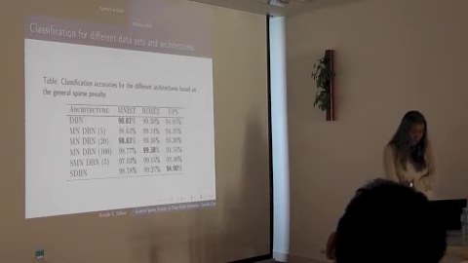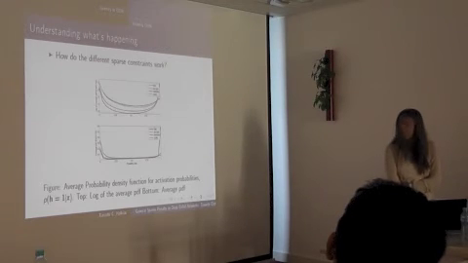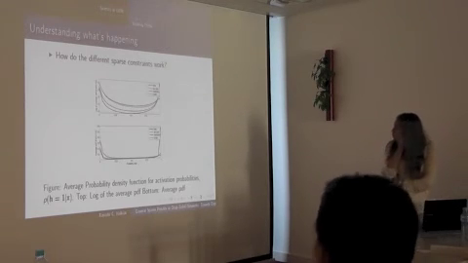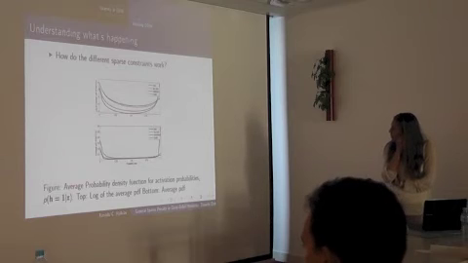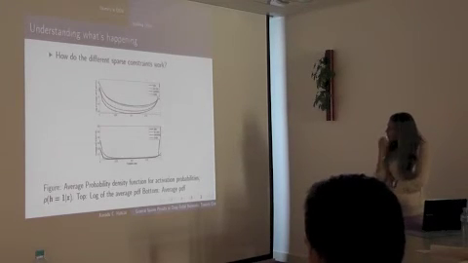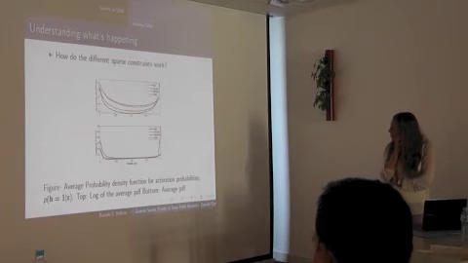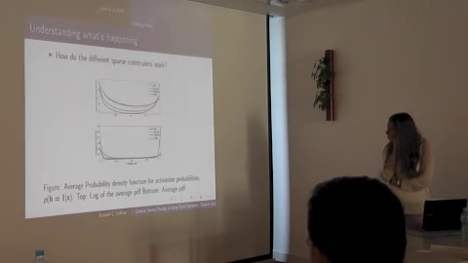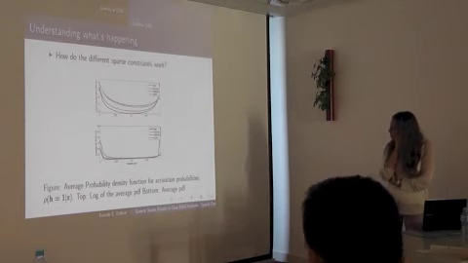Now, this is just to show how these sparse constraints are pushing towards 0. These are the average probability density functions for the activation probabilities, for the expectations of the activation probabilities.